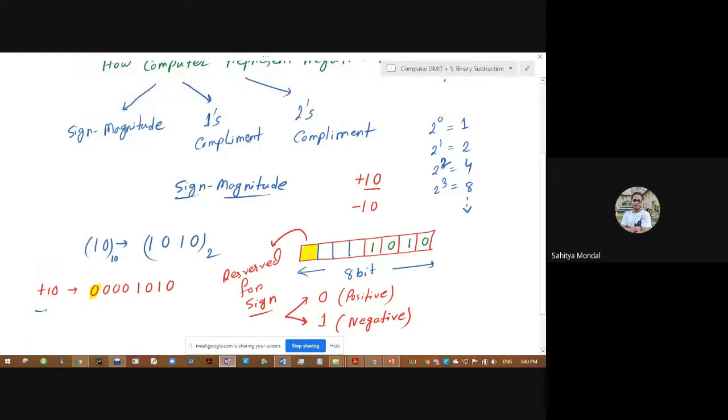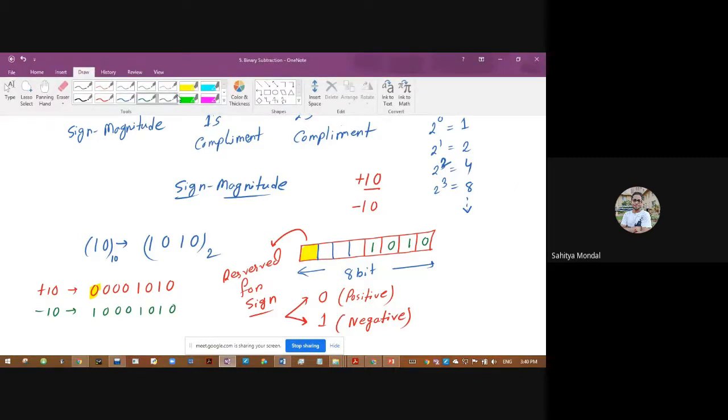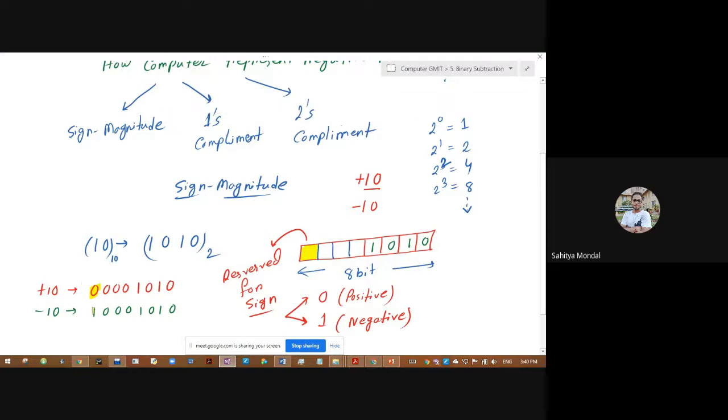And if we are going to establish minus 10 in the computer, we do it like this. The last leftmost bit is not the magnitude of the value, it is only for the sign. This tells the computer that this is a positive zero and this is a negative zero.